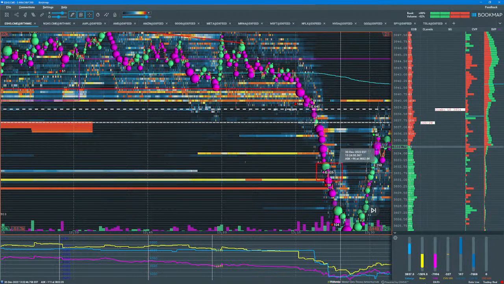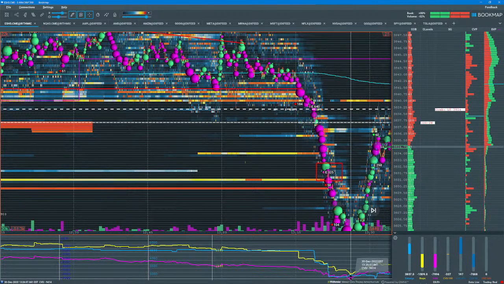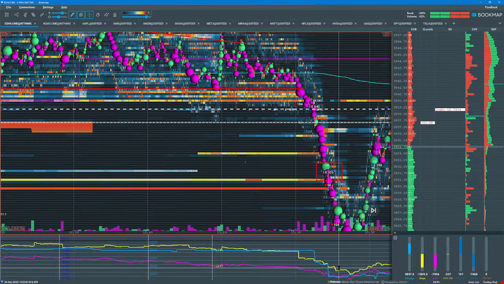All right, that little wavy icon with the pink purple color, that is a sell iceberg, and you can see the decrease in the blue line there, showing the same thing.